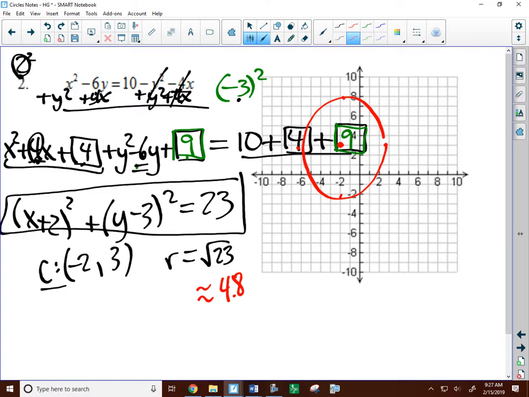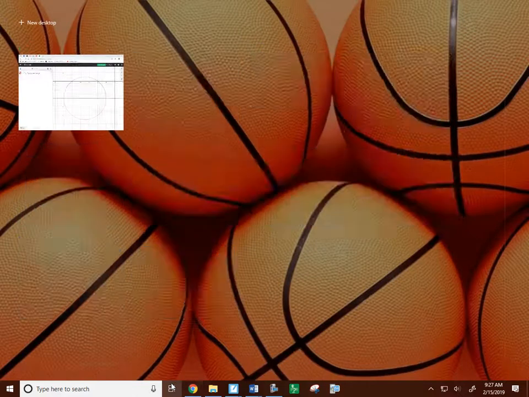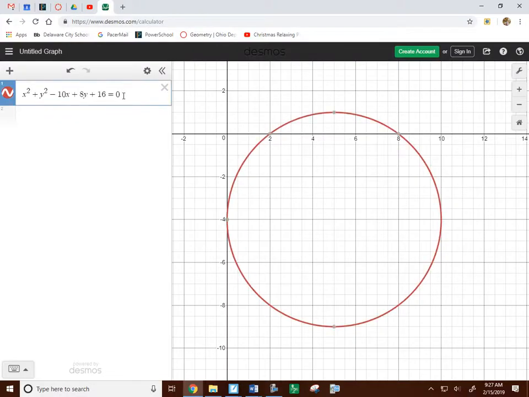All right, any thoughts on completing the square? The last thing I want to show you is, let me go back to number 1 and show you on the calculator. Oh, there it is. I already put it in. So, Desmos, this is number 1. If you're on the test and you completely forget how to put an equation in standard form, put it in Desmos, the exact equation from number 1.